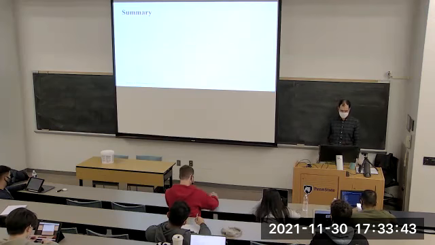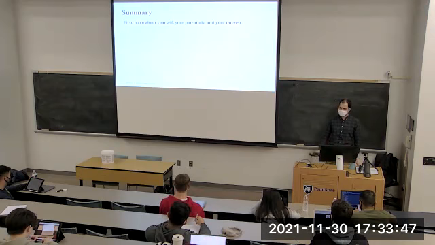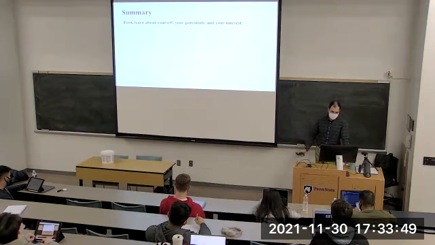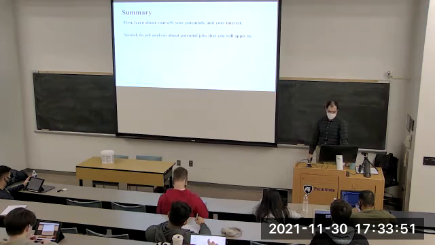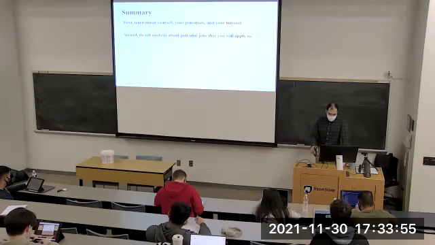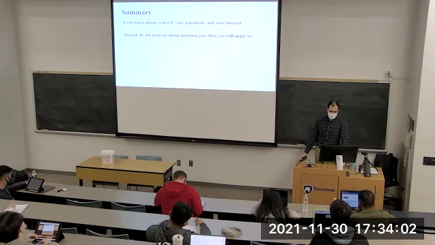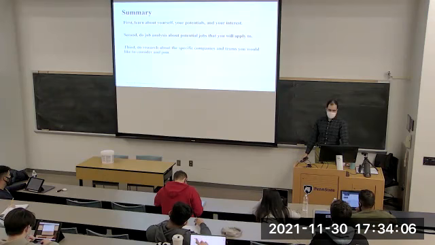So in summary, for whatever we talked about today, you will first need to learn about yourself, your potentials and your interests. Then, for the kind of jobs that you might be looking for, you do the job analysis and you learn about potential jobs that you want to apply to.